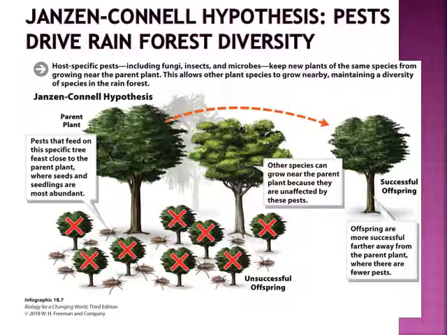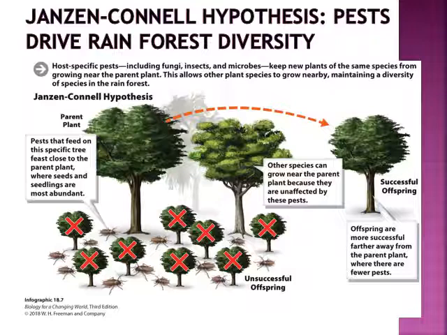When we're talking about plant and fungal biodiversity, especially within the Amazon, one of the reasons that we think we have such high diversity within the rainforest is because of pests. This is referred to as the Janzen-Connell hypothesis, and essentially you have host-specific pests, which means that fungi, insects, and microbes keep new plants of the same species from growing near a parent plant.